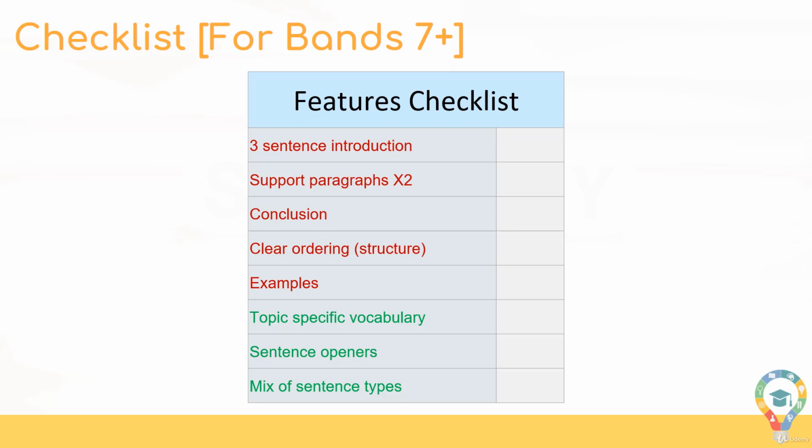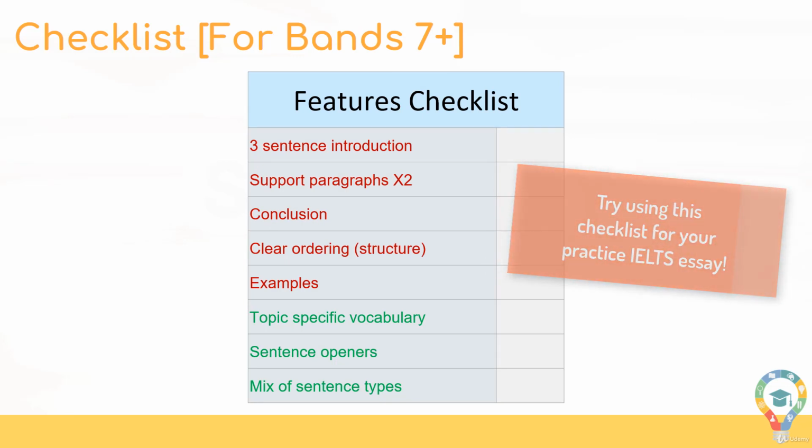Underneath, we have topic-specific vocabulary, and this will highly test your understanding of synonyms. Then we have interesting sentence openers, which will help to organise your writing, and of course, a mix of sentence types. So that is all for our features checklist.